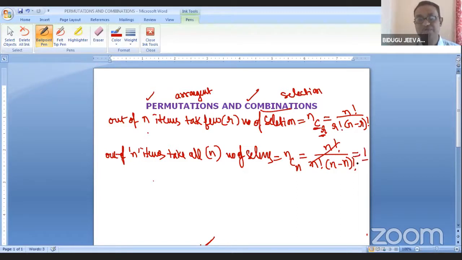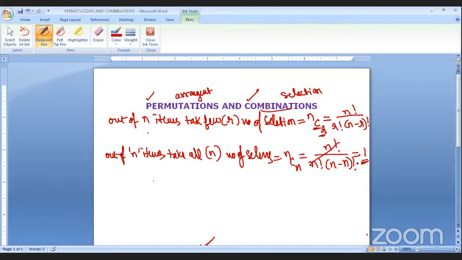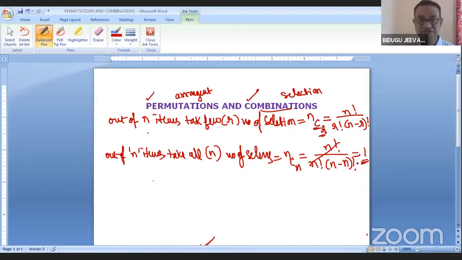I hope you understood. Clear, all of you? Now, same thing. In the previous case, we specified arrangement where we used P, here we used C, but the rule is different. Last time we did not have this one, only n factorial by n minus r factorial. But let me talk about this one.